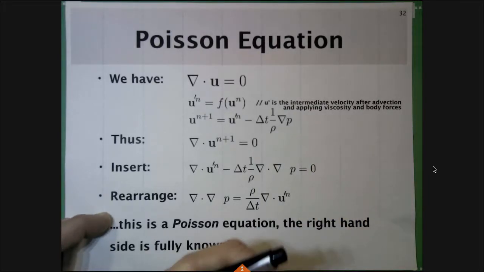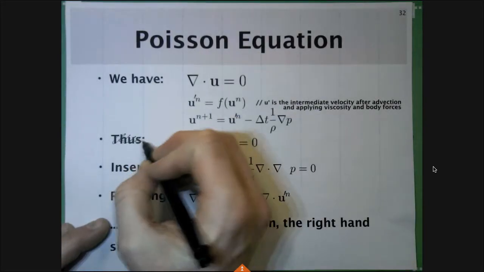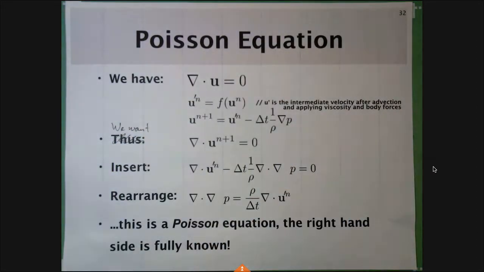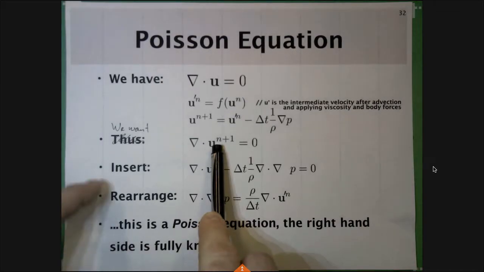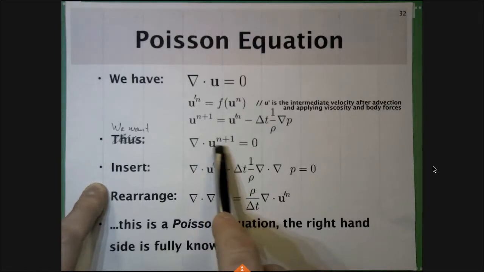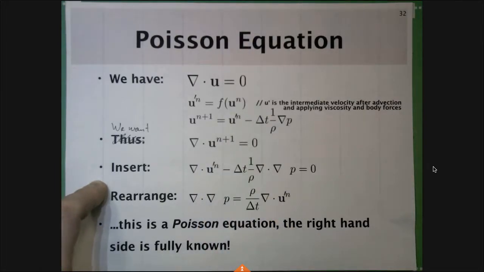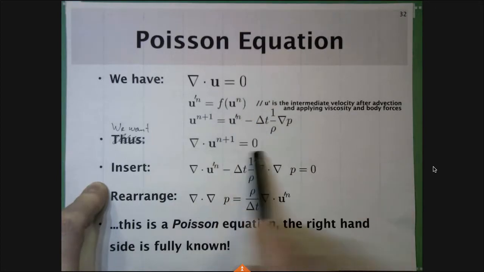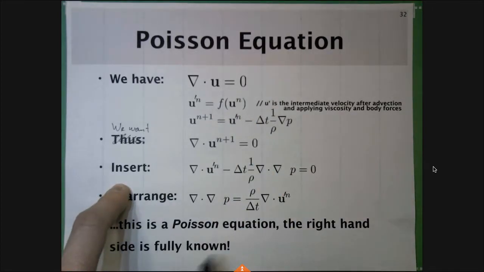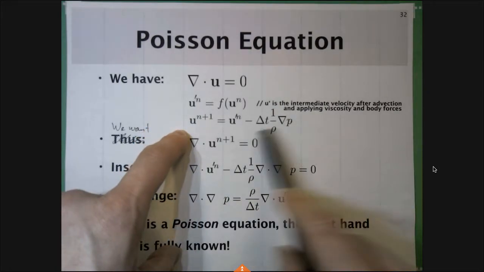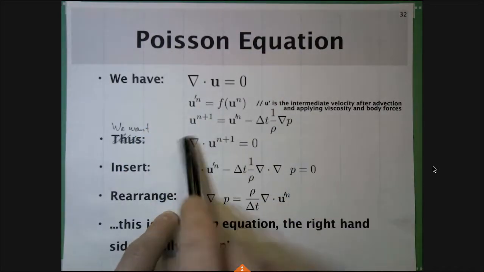Let me put it like this. We want the divergence-free condition to hold for our velocity field at time step n plus 1. Imagine we will be time stepping the fluid simulation forward, going through the loop. So how are we going to do this? We will take the pressure update here and take the divergence of both sides.